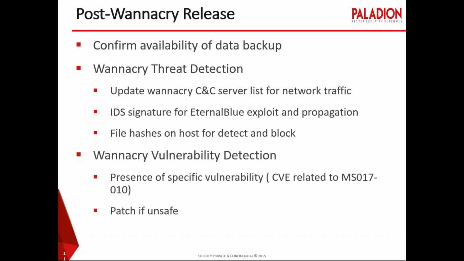It is important to use them, especially if you have an antivirus tool capable of application-level protection. Please provide these file hashes to the tool so that if any system gets infected and bypasses all your network-level controls, it is still blocked by the antivirus tool when it tries to execute. That is on the threat detection side.